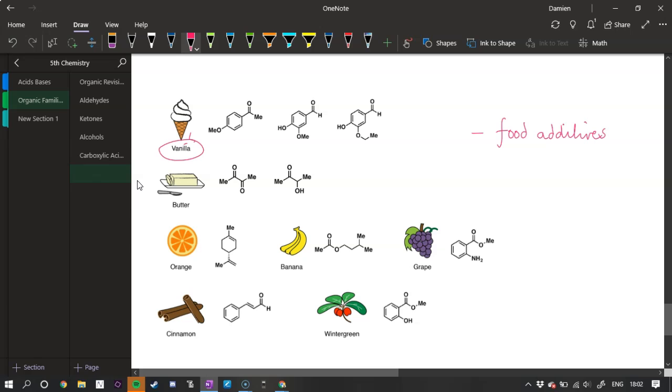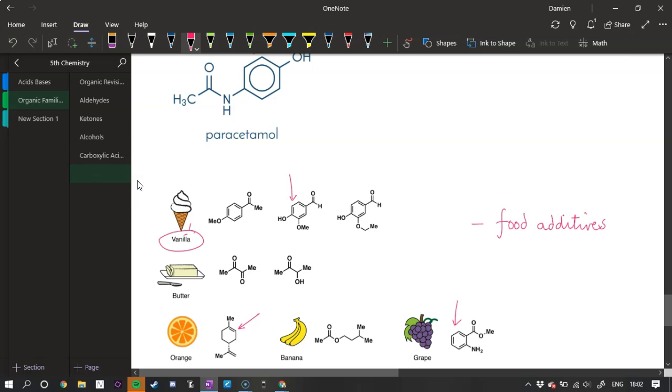Anytime you get a vanilla taste, say in a milkshake or an ice cream, or a vanilla smell in a candle, these all contain benzene rings. You can see oranges here; this actually isn't a benzene ring. If you look at that very carefully, there's only one line in it. Grapes contain benzene rings. Wintergreen, absolutely no idea what that is, but that contains a benzene ring as well. Cinnamon contains a benzene ring. And what you notice is that stuff with benzene rings are all very fragrant, with strong smells.